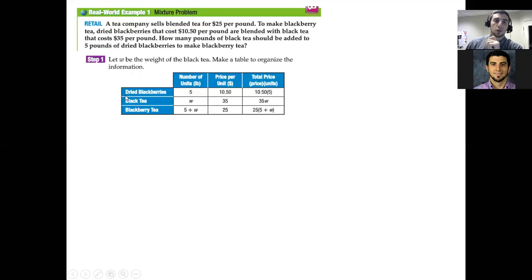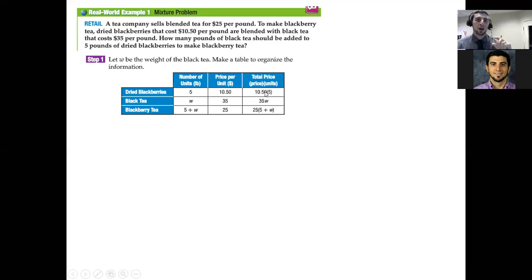For dried blackberries, there are 5 pounds of them, they're $10.50 per pound, and so the total price is just $10.50 times 5. Pretty straightforward. For black tea, we don't know how many pounds, that's the question. The price per pound we do know is 35, and so the total price is going to be 35 times W.